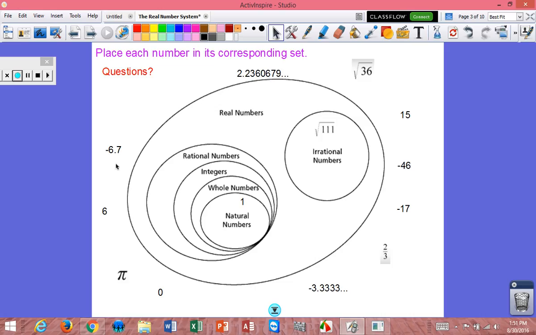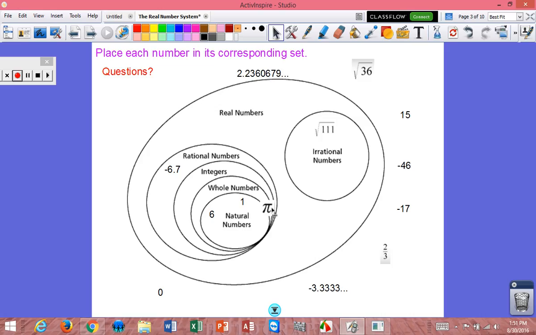Negative 6.7, that is a terminating decimal, and any terminating decimals are going to be rational. 6 is a counting number, so I know that would begin with natural numbers. Now pi, that is an irrational number because it is a continuous decimal.